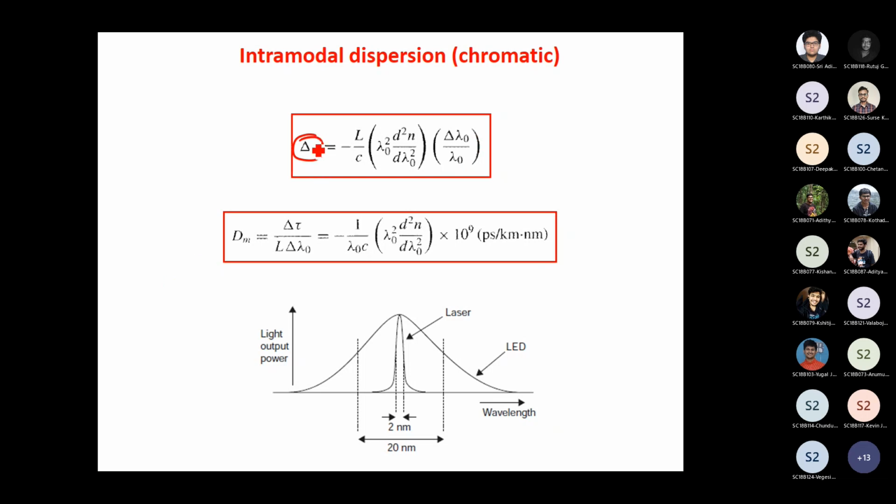This is the delay, or simply the broadening of the optical pulse. This broadening is what is called the broadening due to the intramodal dispersion, or simply the chromatic dispersion.